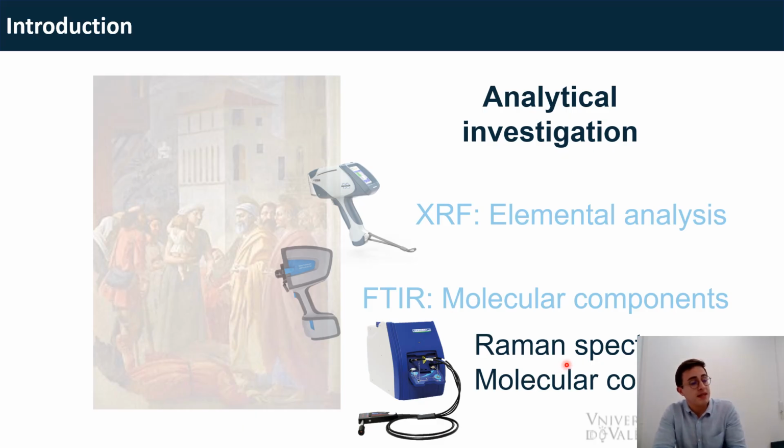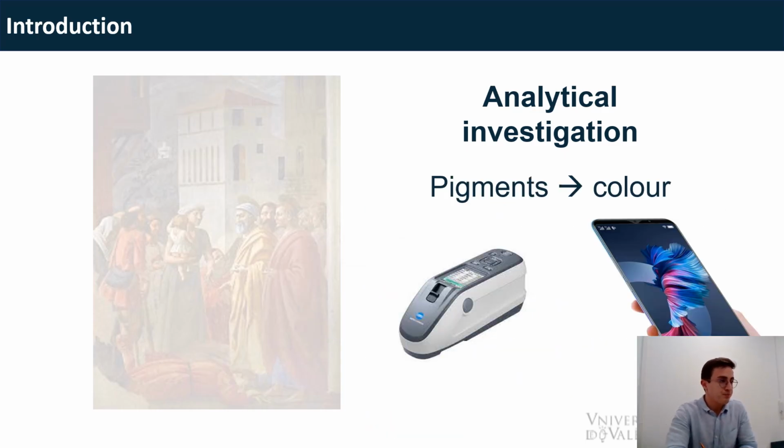There is also Raman spectroscopy and molecular colorimetry, which, as infrared does, give us information about what compounds are in the piece of art. So we are talking always about pigments. We are then talking about color.